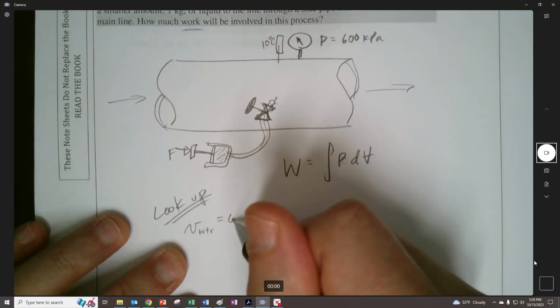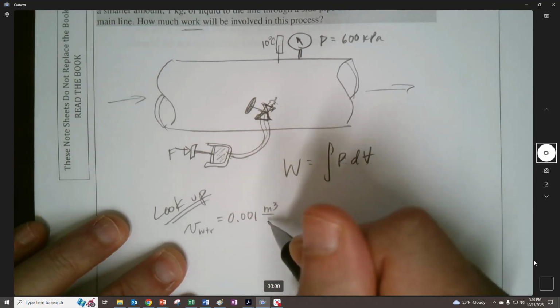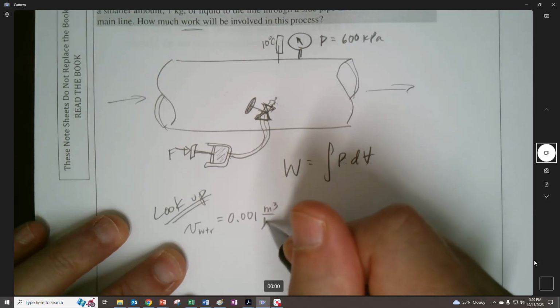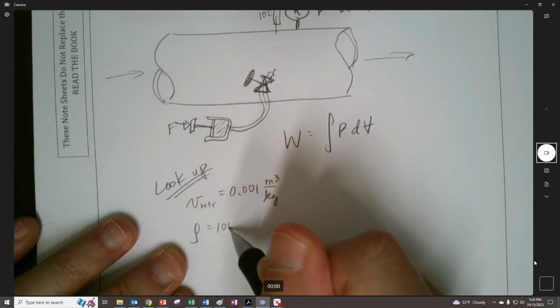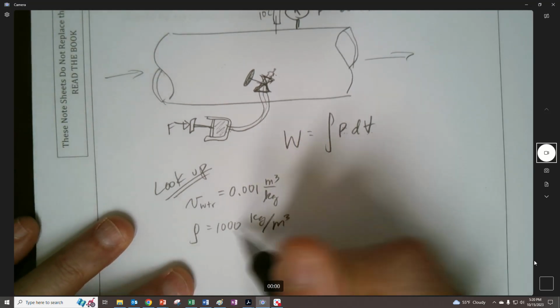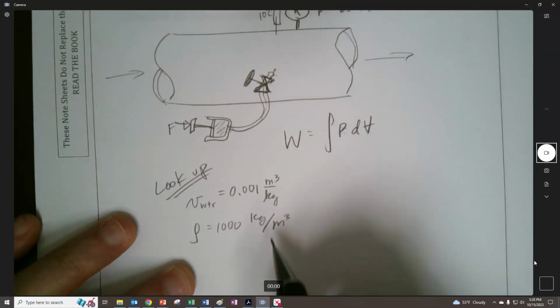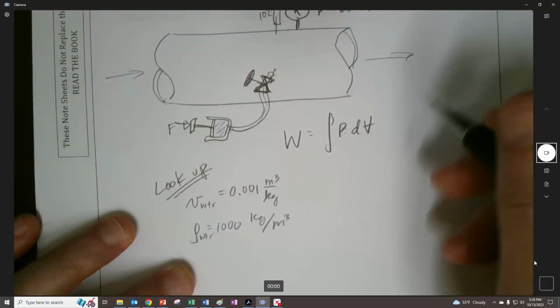Well, we could actually just estimate it. This is a pretty good estimate of what the specific volume of water is. Another thing to keep in mind is it's about 1,000 kilograms per cubic meter, right? So that's just the inverse of each other. That's typically what water is going to be. So we'll go ahead and use that.